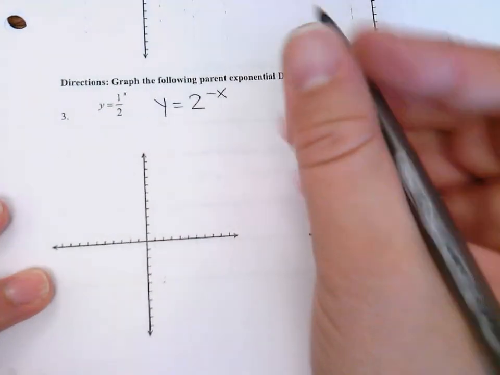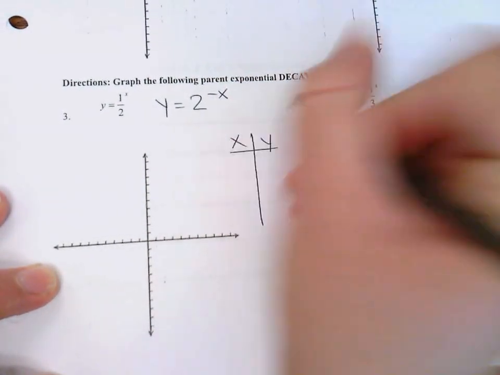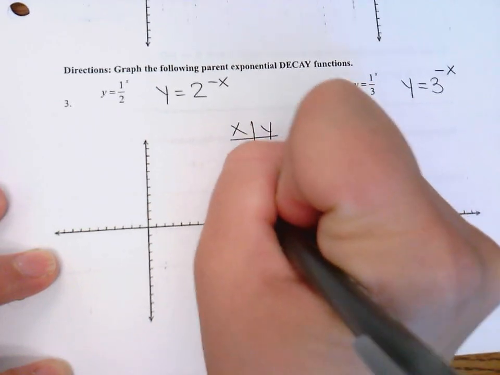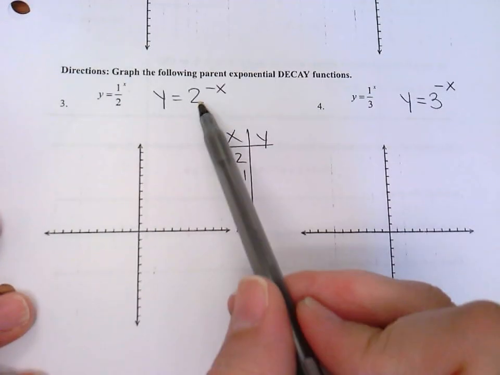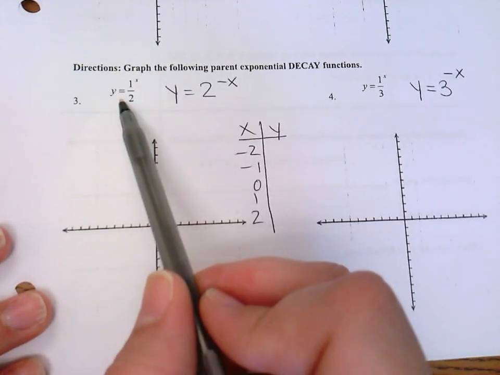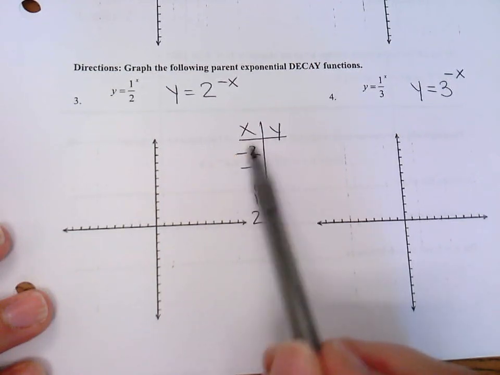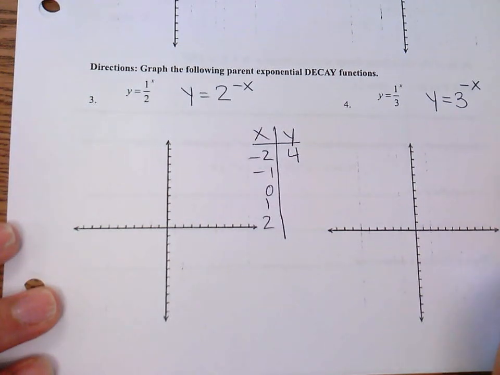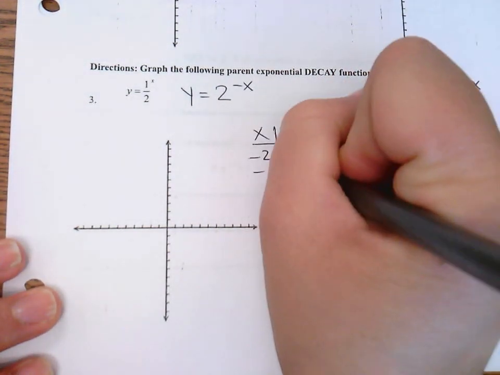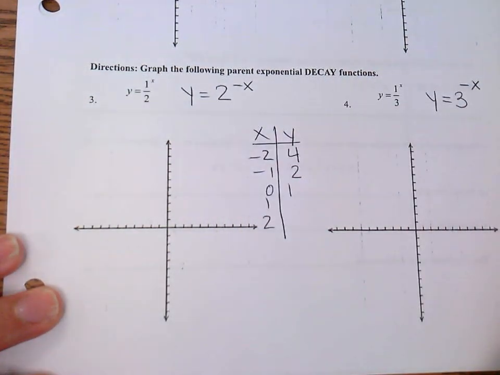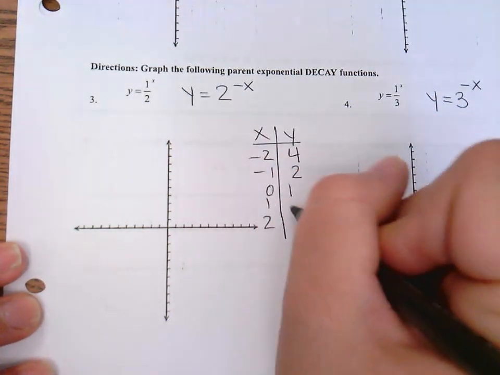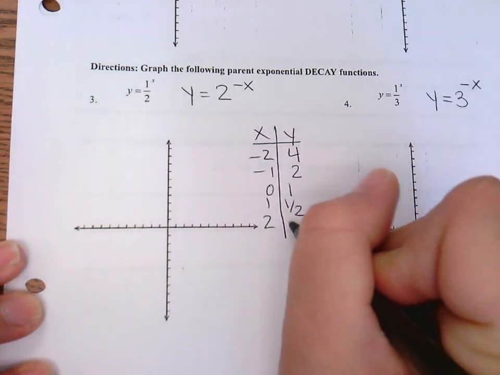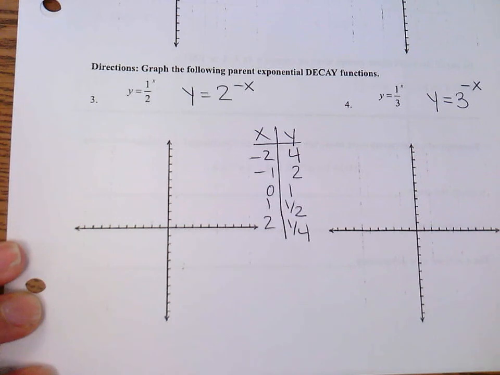So when I reverse this and I do a table of values, -2, -1, 0, 1, and 2, if I am taking 1/2 and raising it to the negative second power, doesn't that take the reciprocal and square it? So I would get 4. And then the reciprocal is just 2. Anything to the 0 power is 1. 1/2 to the first is 1/2. 1/2 squared is 1/4.